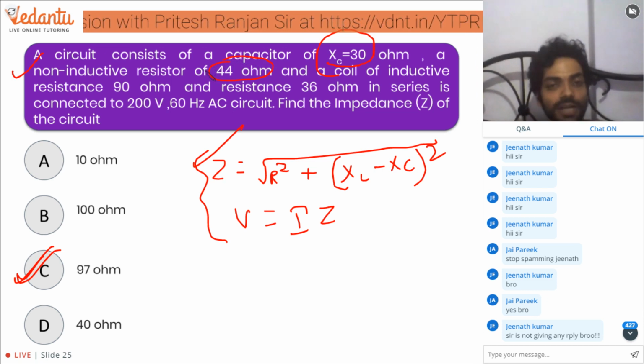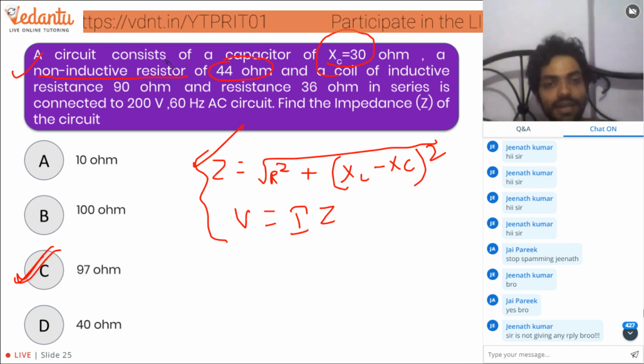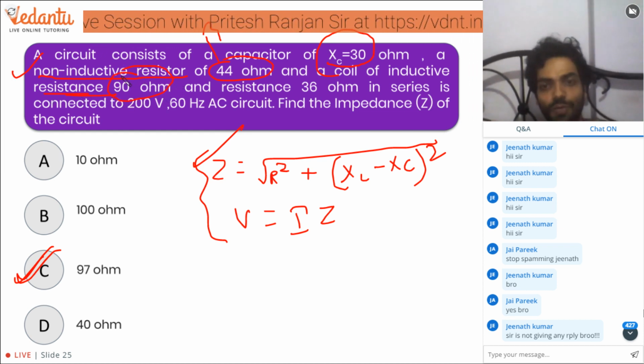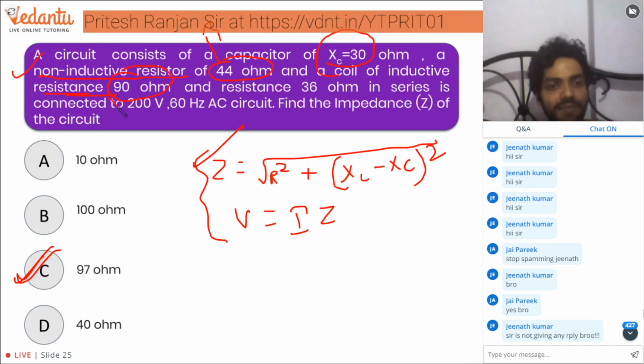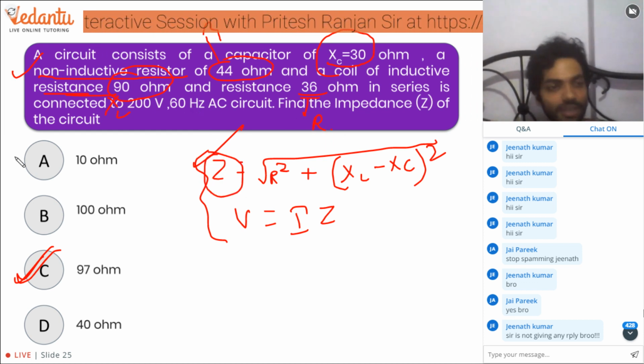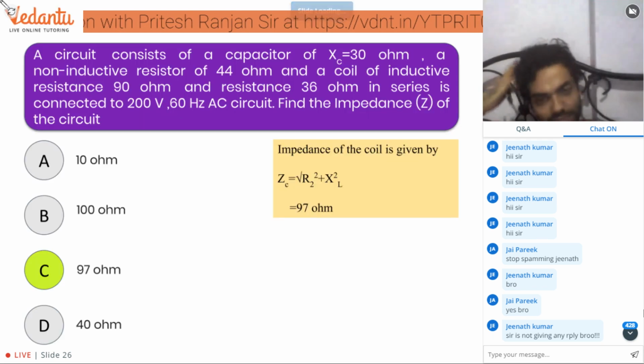Again, listen here, concentrate here guys, it is a non-inductive resistor. That means R1 is here, and a capacitive reactance XC of 90 ohm. This is the XL value given, inductive reactance, and a resistance of 36 ohm, that is R, is given. It is connected. So you could find the value of Z from over here. You can watch over here.